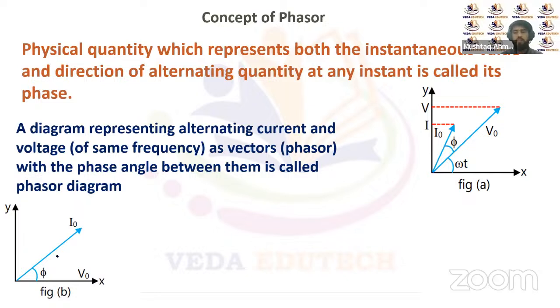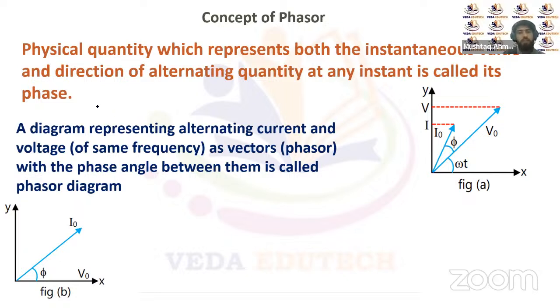So phasors are nothing but vectors representing the current and the voltage in an AC circuit, drawn in an XY plane. And the vertical component of these vectors gives us the instantaneous value of the current and the voltage.